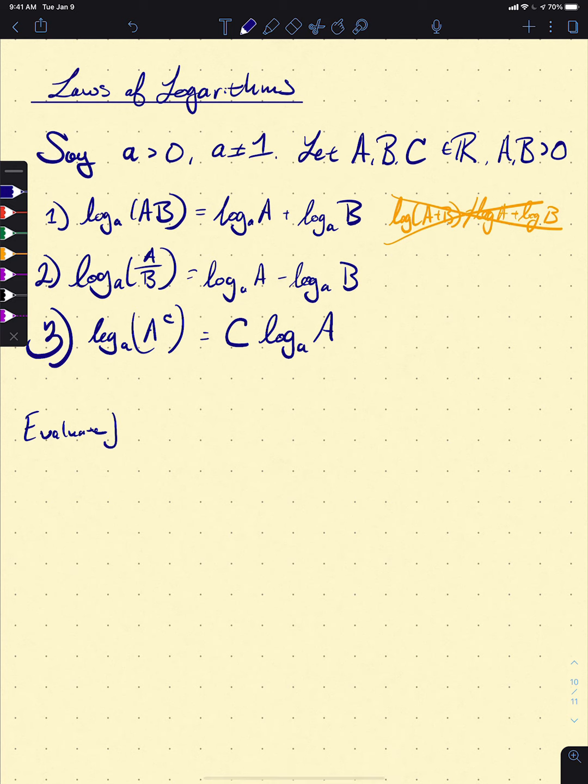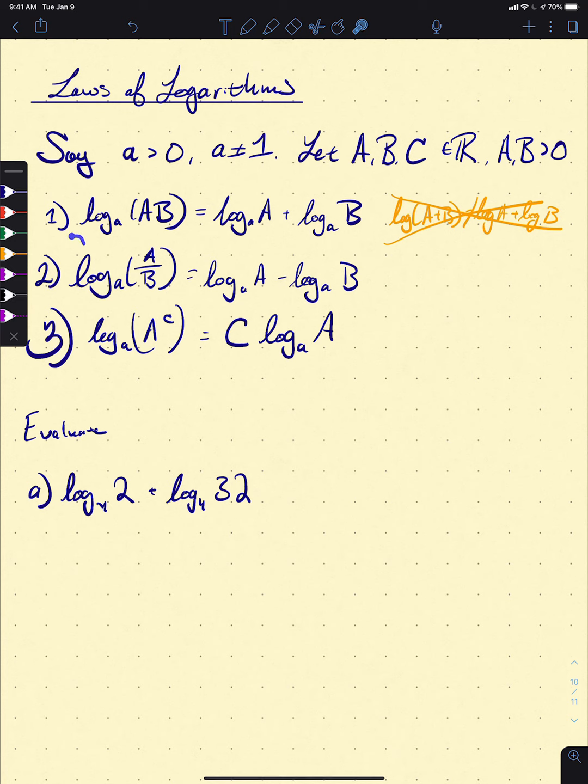Let's say evaluate the following, okay? Let's look at this first one. Let's say log base 4 of 2 plus log base 4 of 32, okay? So notice 4 is not a factor in either of these, right?